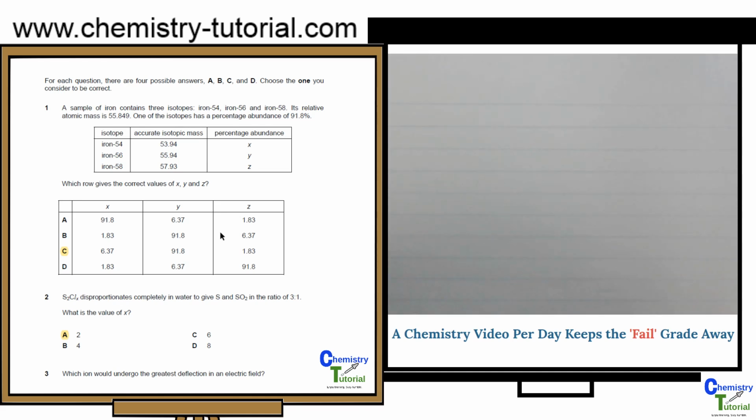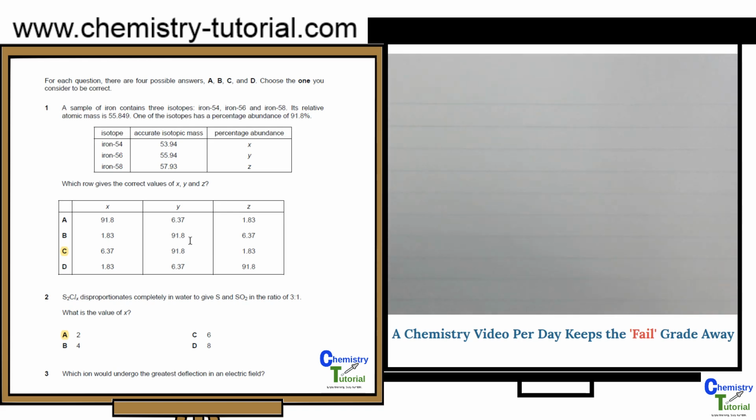Now, if you look at the values given, you notice that 55.849 is actually closer to 56, iron 56. So you should expect that iron 56 probably has a percentage abundance of 91.8%. Hence, Y itself should be 91.8 using pure logic. So that means we are only left with 2 options, either B or C.